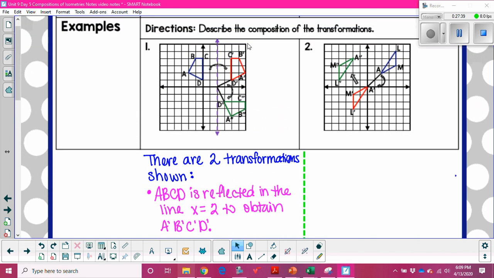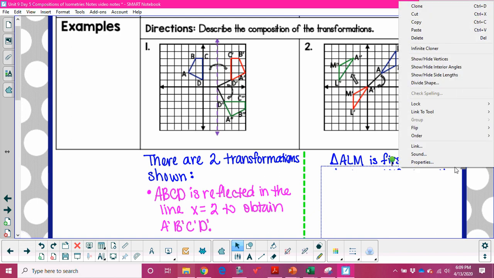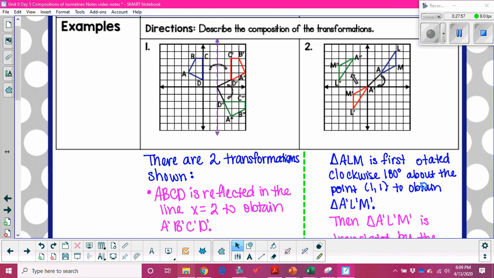Pause the video for a second and answer number 2 to describe those transformations. Okay, so what you should have gotten is that first, you had triangle ALM right here. You rotated it clockwise 180 degrees about this point right there, which was (1, 1), to obtain triangle A prime, L prime, M prime.